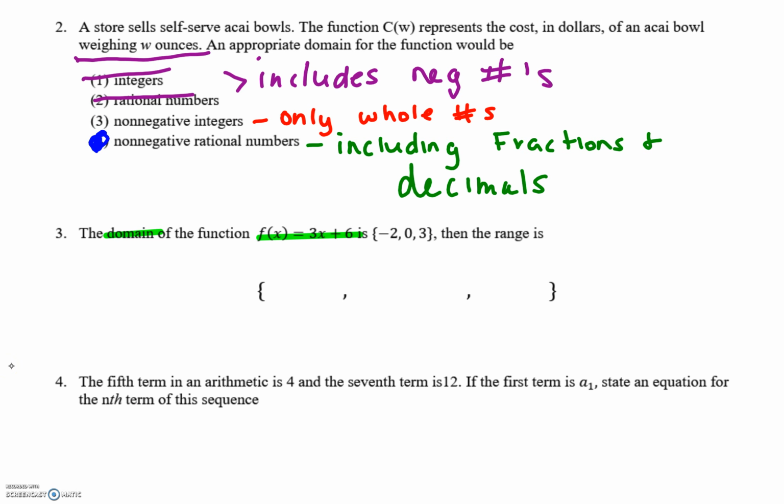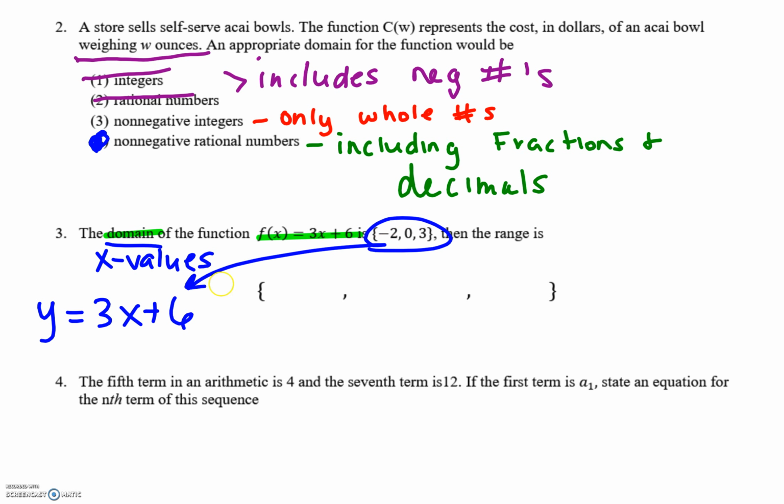For 3, the key word here is domain, which is our x values. And we know the equation, or in this case, the function is 3x plus 6. If we have an equation and we want parts of a point, like the x or the y, since we already have the x, what we're going to do is plug it into the calculator using the y equals button.